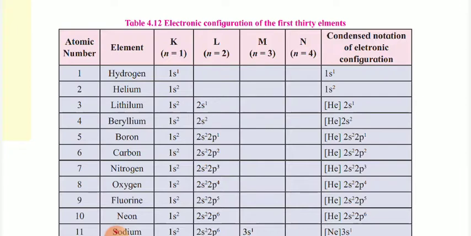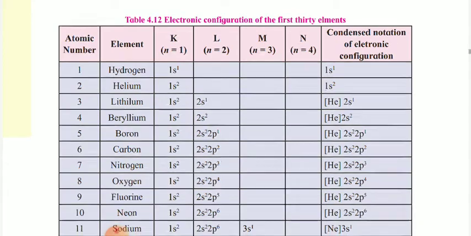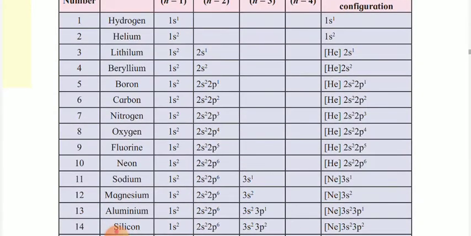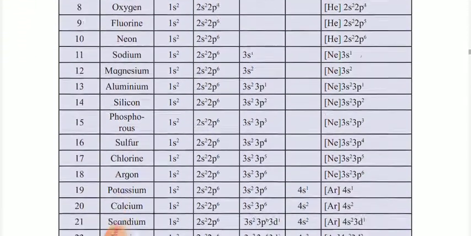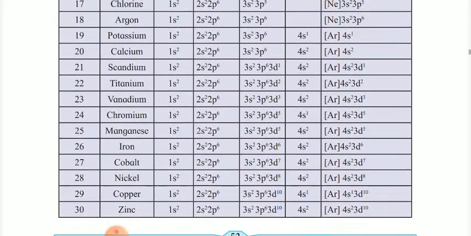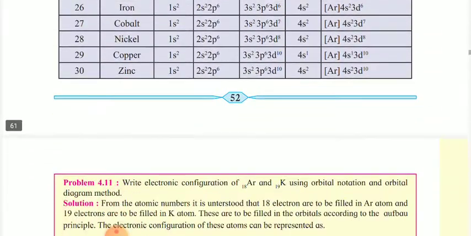After 30 you can also find many elements, and for those you have to write the electronic configuration. To write this electronic configuration, you should use all the principles provided in this chapter, as well as take the help of the Aufbau principle to fill the electrons in increasing order of their corresponding energy levels. So this is all about our today's lecture, and thank you very much.